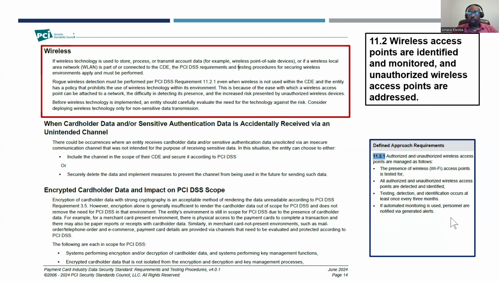The sub requirement for this is requirement 11.2.1. So if an organization is using wireless to perform any sort of payment operations, they need to assess that wireless network.